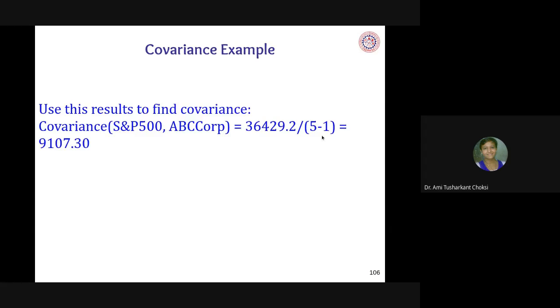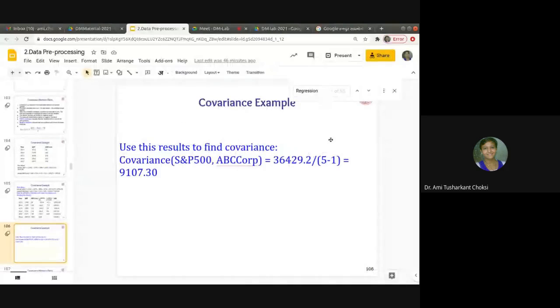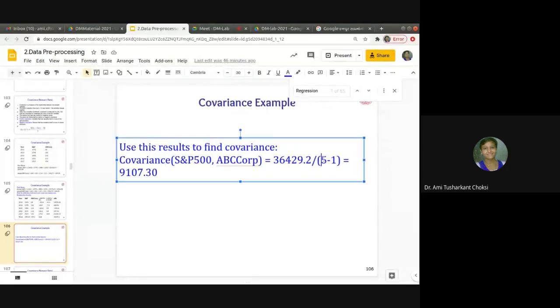Here it is n, it is not n minus 1. So we can say it is 4. You can calculate the value and put it here. It is very simple. It is the formula where we have the multiplication of xi minus x bar and yi minus y bar upon n.